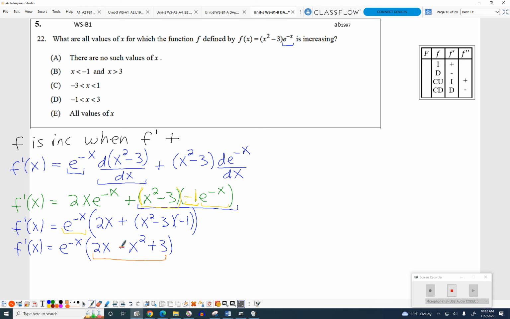Factoring with a negative here on the x squared is a little harder. So what I'm going to do is rewrite a little bit. So we'll say f prime is equal to, I'm going to take out a negative 1. And I'll have x squared, subtract 2x, minus 3.